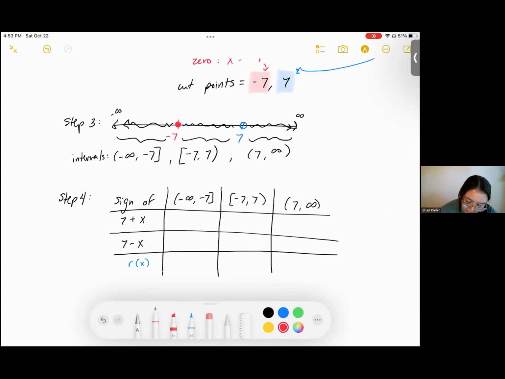As a reminder, you can always pick whatever numbers that you'd like, but I always suggest making them easy. So -7 to 7, 0 was a pretty easy number, so we pick 0. And 7 to infinity, the next easiest number is probably 8. But you can decide if you want it to be 10 or anything like that. Remember, these are the test points.